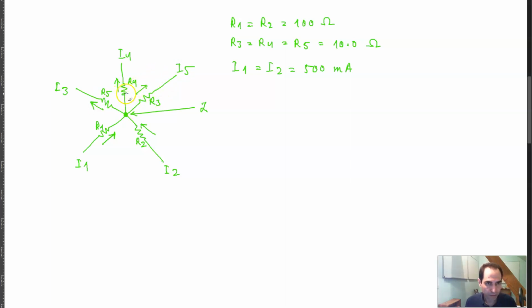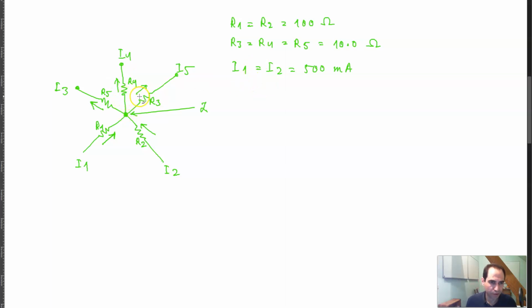So that means that each of these currents I3, I4, and I5 is 1/3 of the current exiting this node.